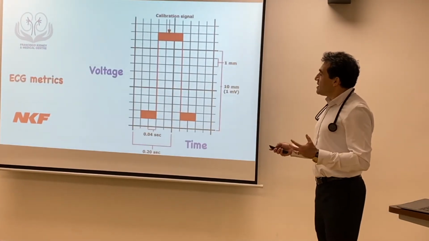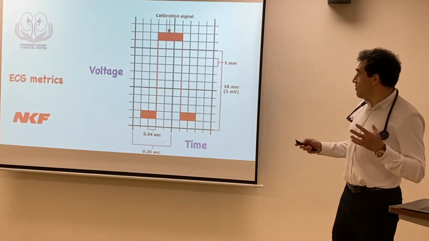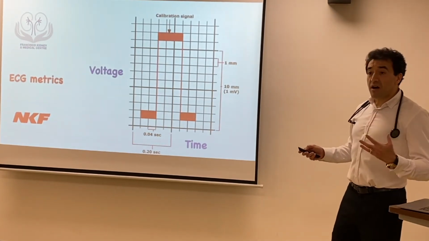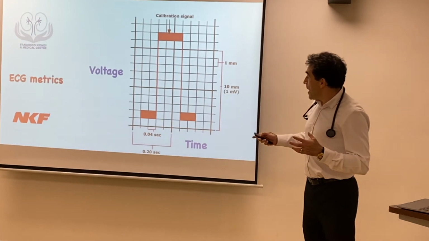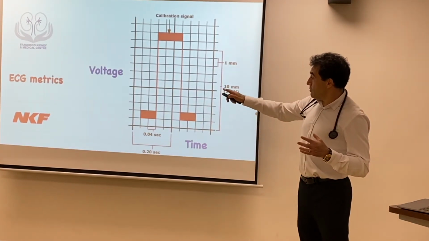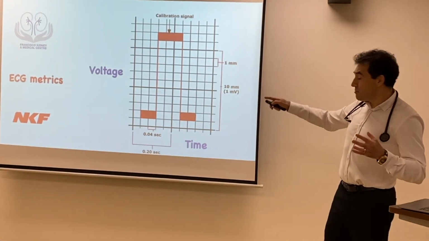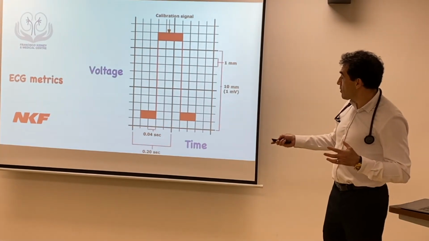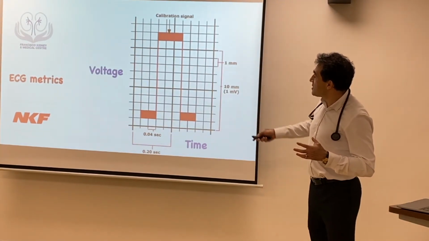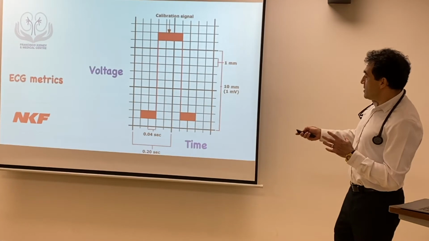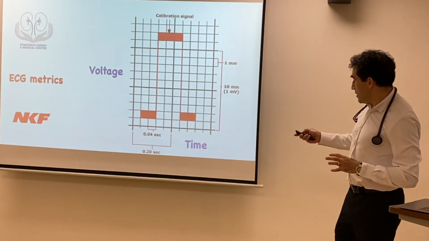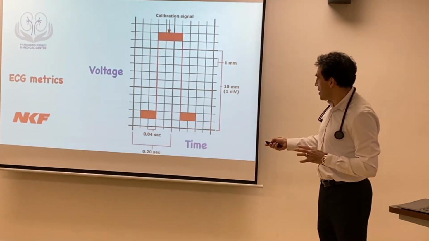So the ECG basically is a trace of the electrical activity of the heart. It's plotting the electrical activity, the voltage of that electrical activity, through time. As you can see in this plot, this is augmented, zoomed in from the ECG trace.